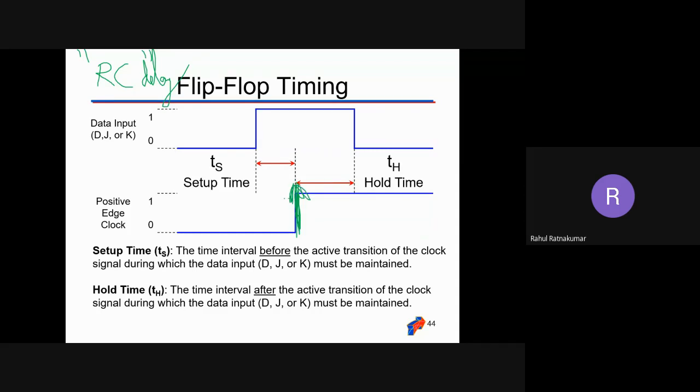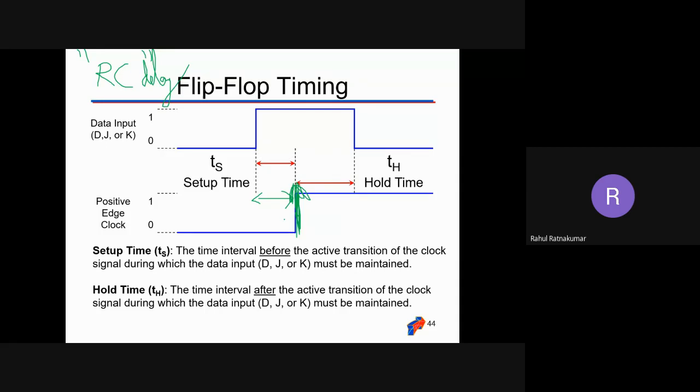Before this rising edge, how much before should my input be ready, so that there is proper processing, right? So before the clock edge comes, my input should be ready. How much time before my input should be ready is called setup time. The input would be set up some time t before the clock edge arrives, so that is called setup time.